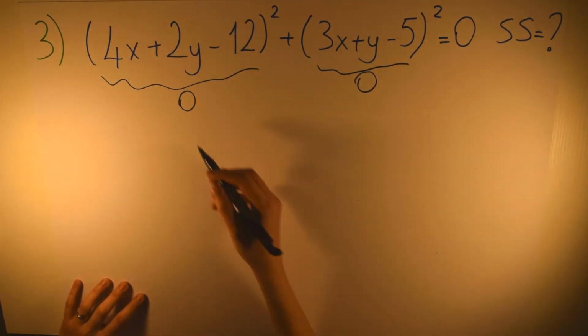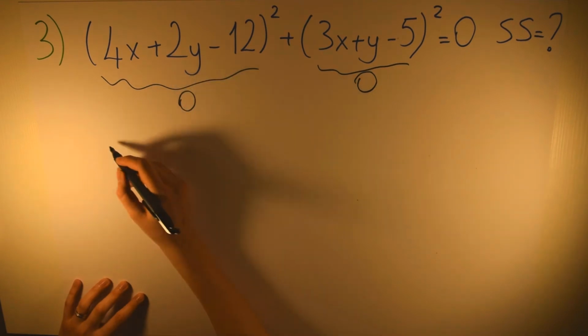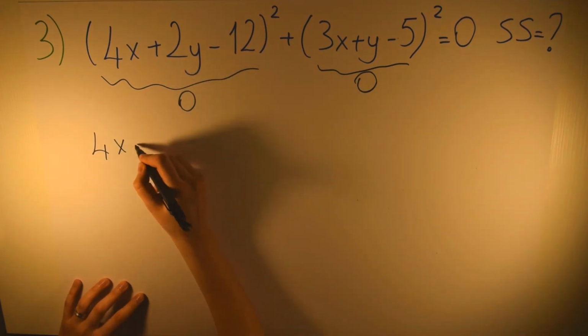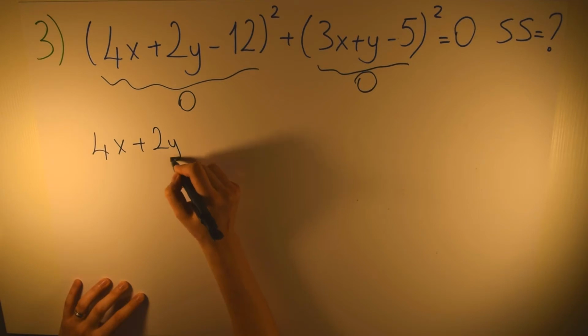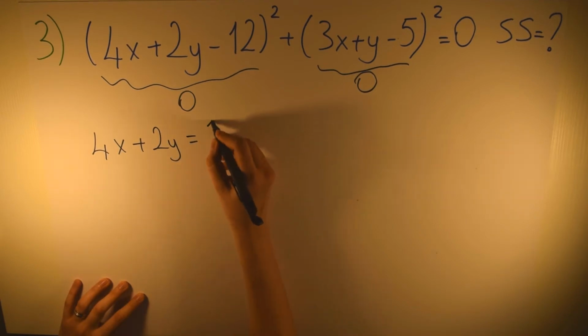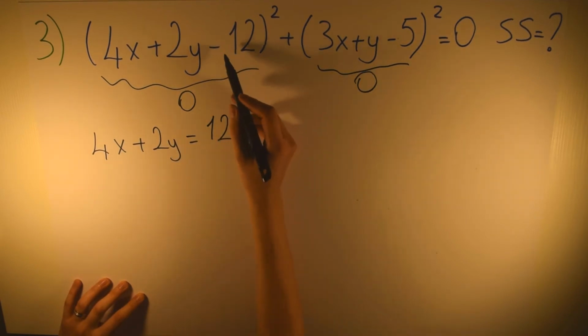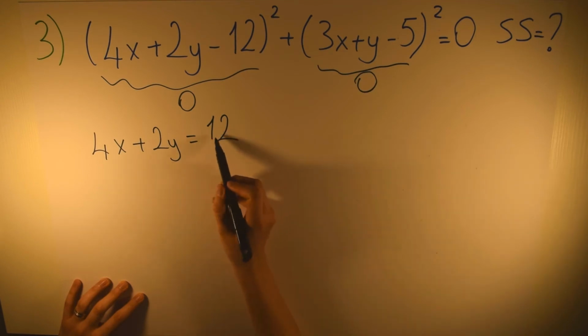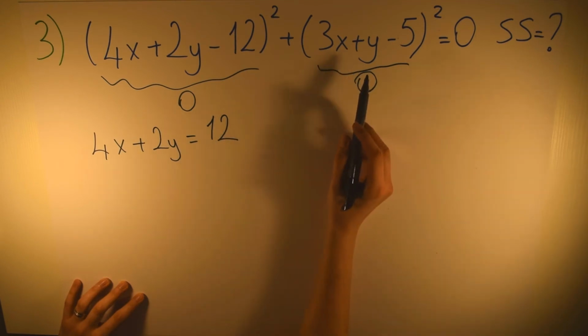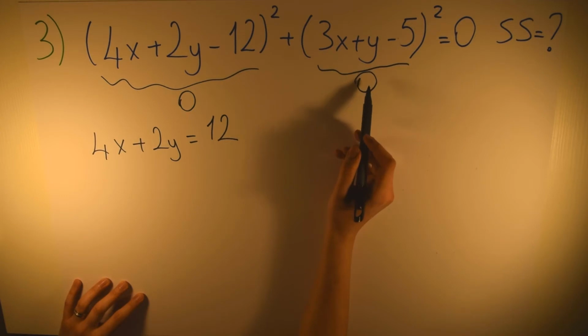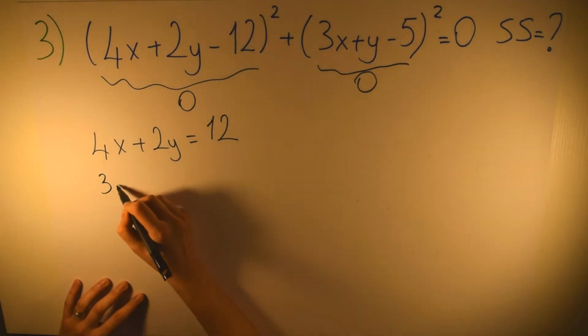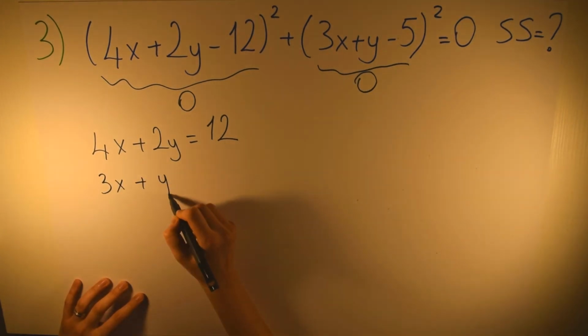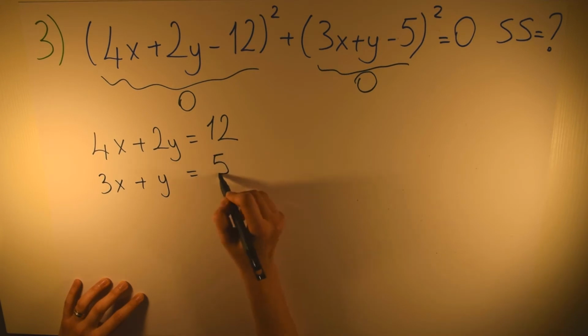So here, let's write this down. If this is equal to 0, it means 4x plus 2y is equal to 12. When I put this to the other side, I get plus 12. So this is also the same thing. If this is equal to 0, which means 3x plus y is equal to 5.